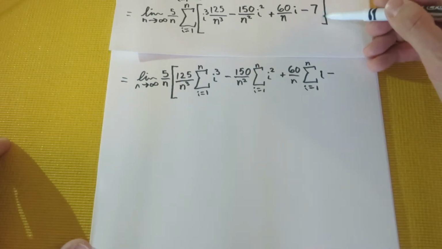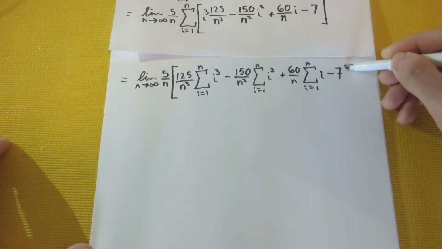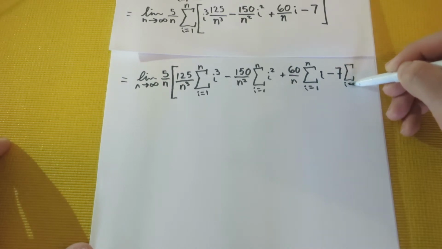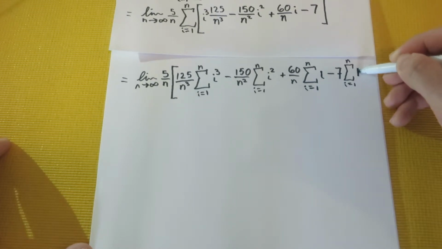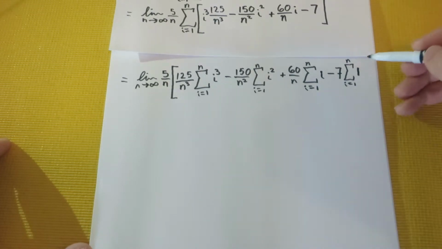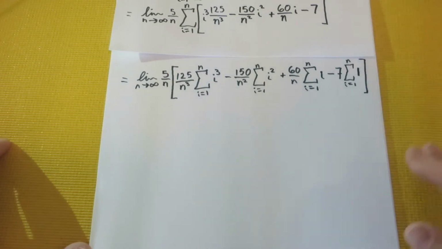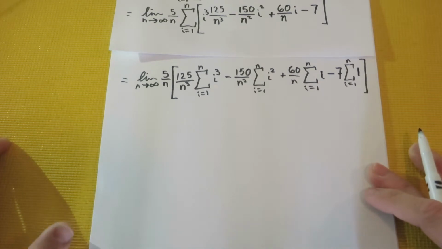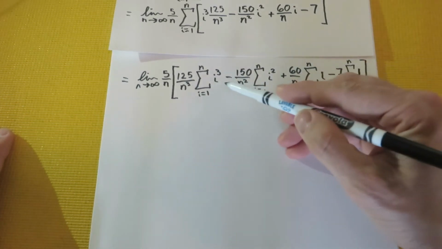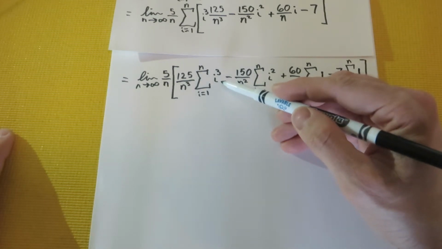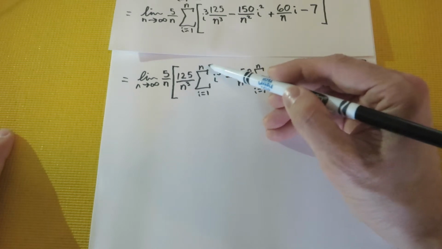Minus, we're going to pull this constant out, and we'll just say that we have the sum from i equals 1 to n of just 1. This is a 1 here and not an i. And then we'll close our brackets. Well, now we know how to evaluate this, because if you remember our summation formulas, then we can just plug those in here and evaluate for n.